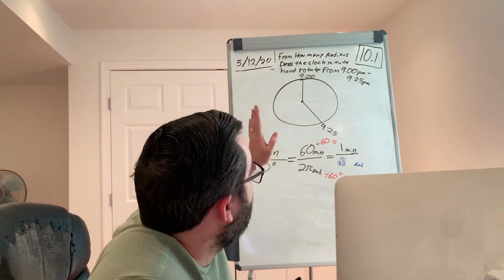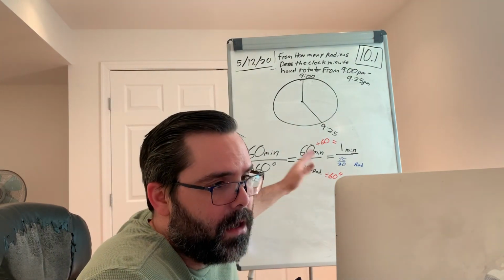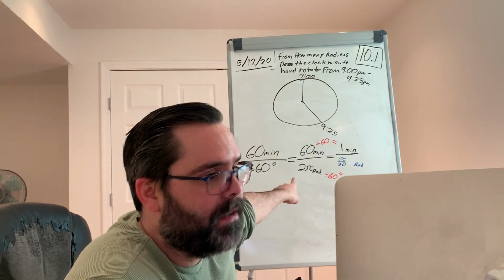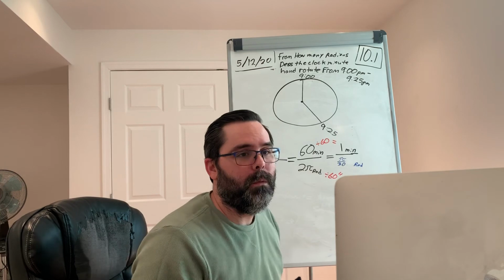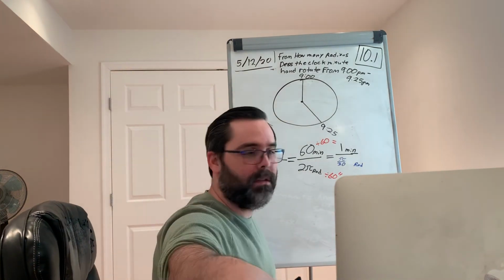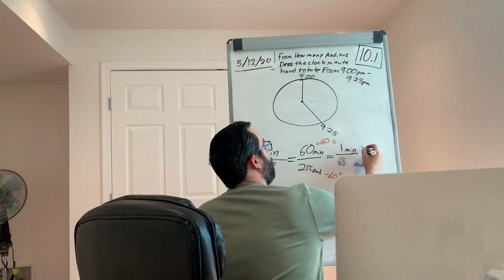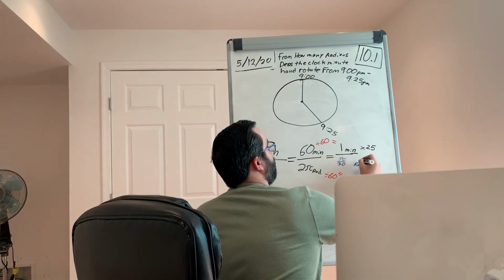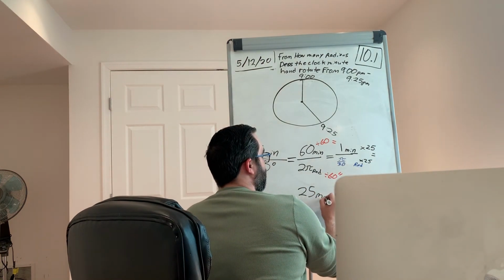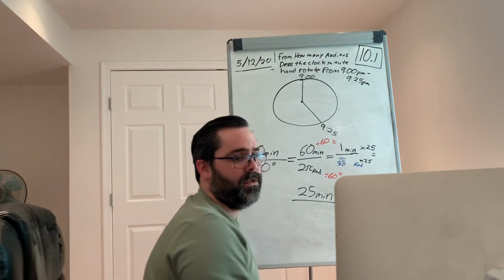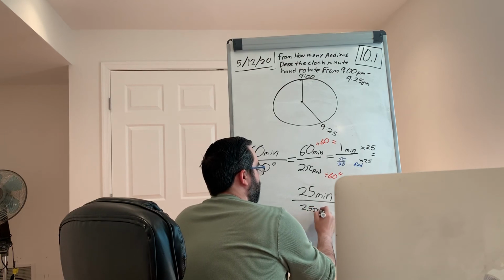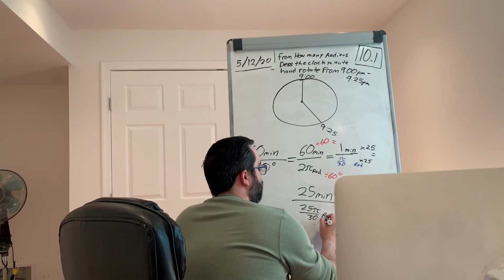Okay. So 25 minutes went by. So how many radians went by? If 1 minute is this, well, what is 25 minutes? Multiply it by 25. And you get 25 minutes is 25 pi over 30 radians.